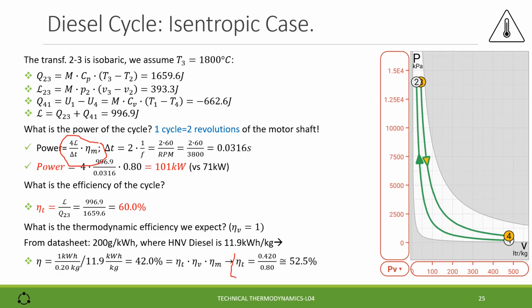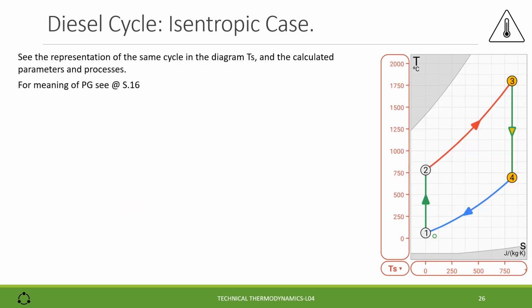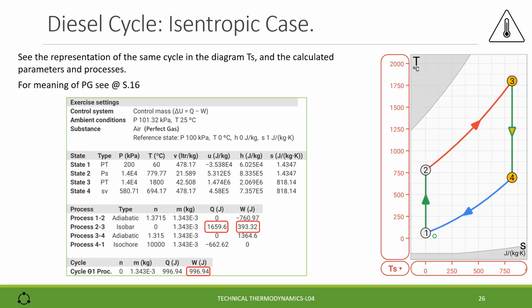Therefore, the thermodynamic efficiency is the overall efficiency divided by the mechanical efficiency, only because the volumetric is 1. We find 52.5%. See the presentation of the same cycle in the diagram TS and also the calculated parameters and processes.